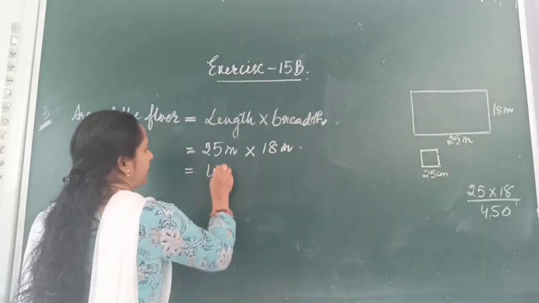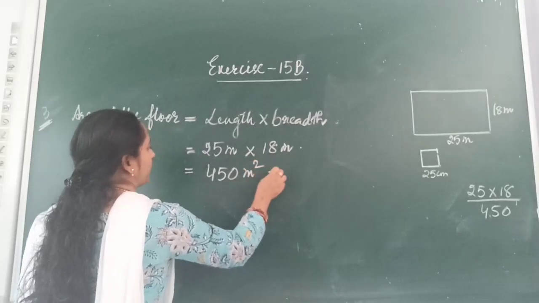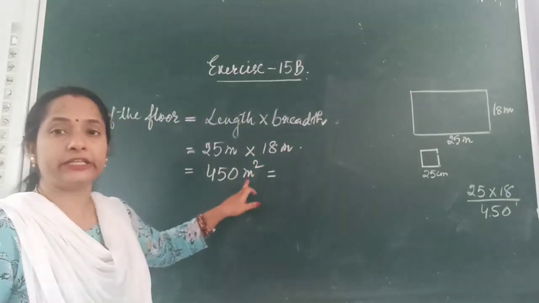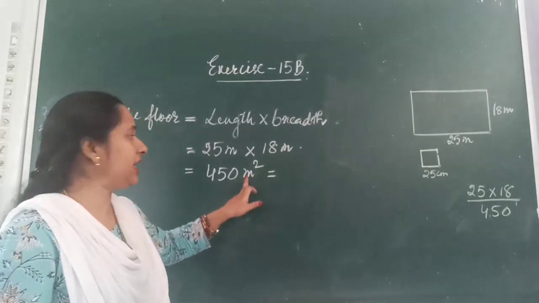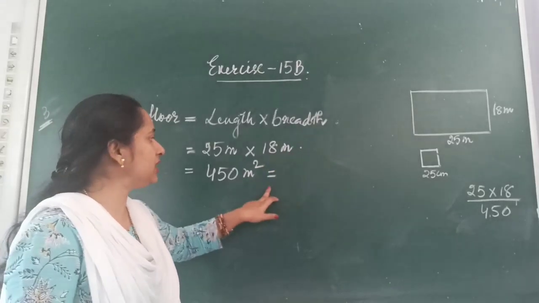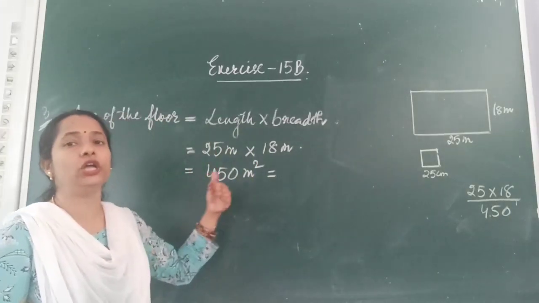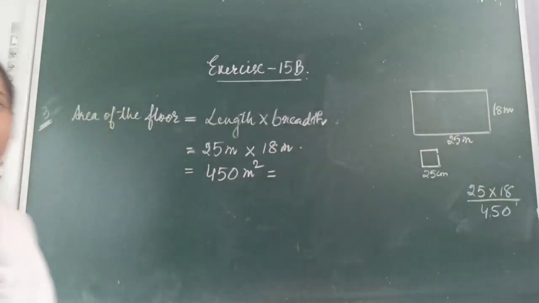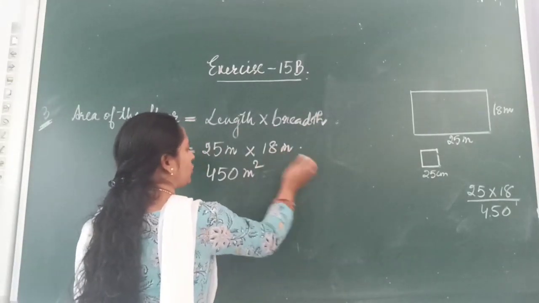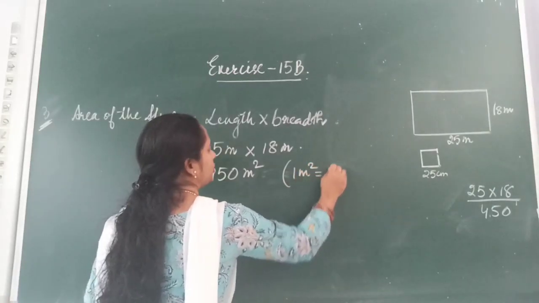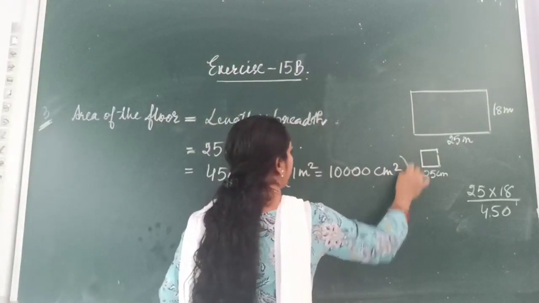So 450, and the units will be meters multiplied by meters, which is meter square. Now let us use the conversion of units of area. Here the units are in meters and as the units of the square tiles are in centimeters, let us convert this into centimeters. We know that 1 meter square is equal to 10,000 centimeter square.